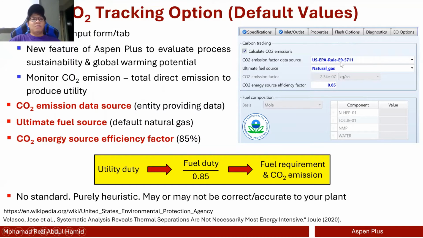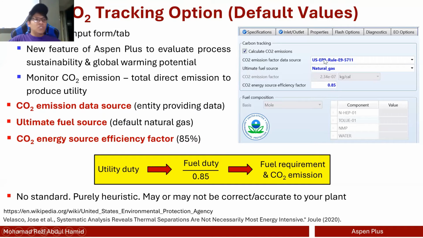This is the database they use for a wide variety of fuel that they compile and put in Aspen for you to use. For example, you can have coal. Even for coal, in this database, they have a lot of different coals. You can have naphtha, natural gas, and things like that as a fuel to generate or produce your own utility.